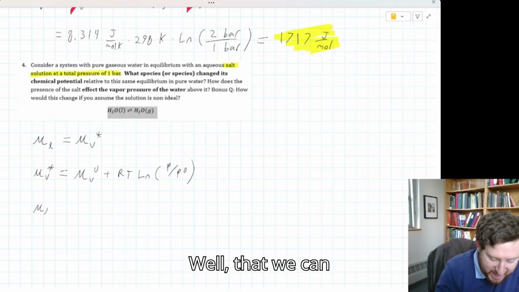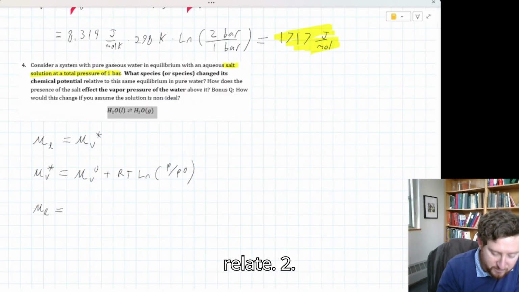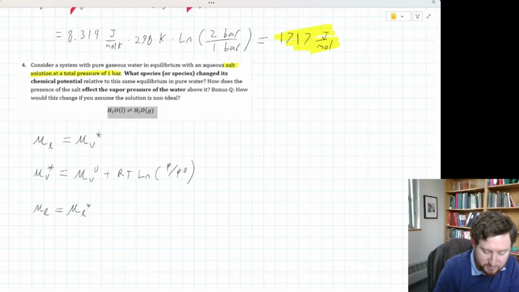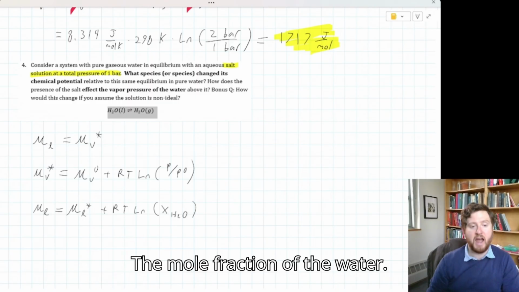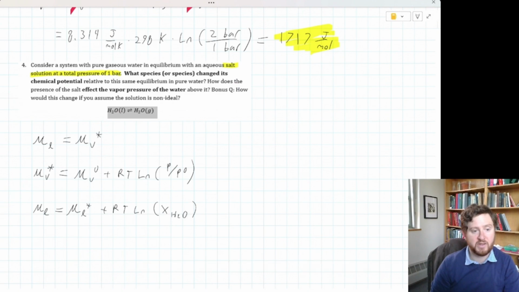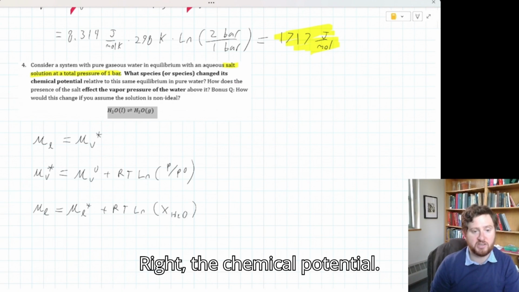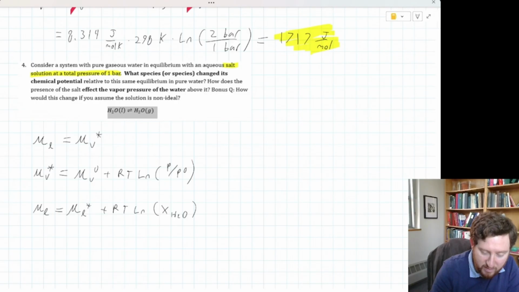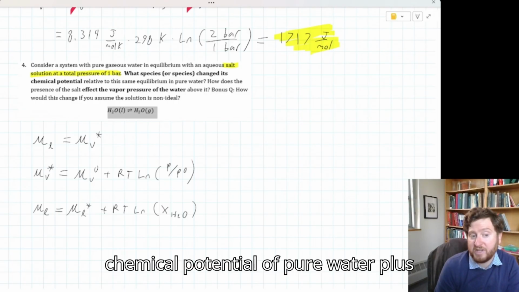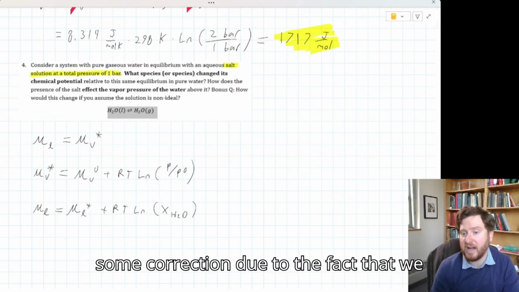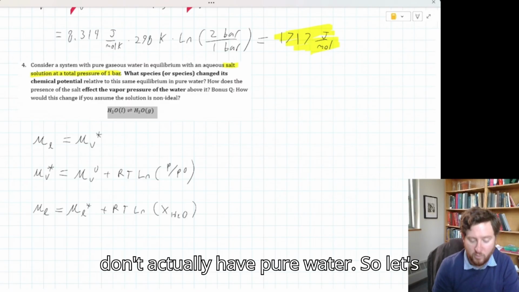Well, that we can relate to the pure liquid plus a correcting factor for the mole fraction of the water. Right? The chemical potential of my salt solution is going to be the chemical potential of pure water plus some correction due to the fact that we don't actually have pure water.